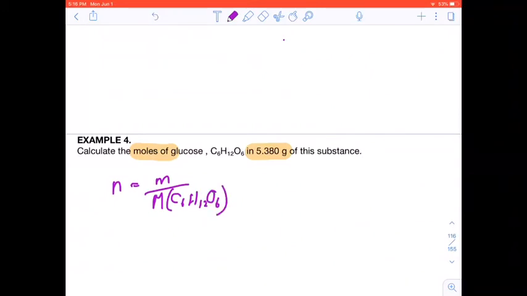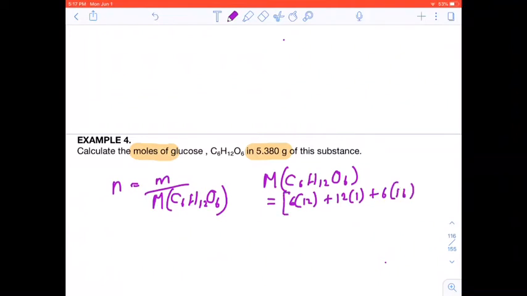What is M of C6H12O6? If we work that out, we have 6 times 12 plus 12 times 1 plus 6 times 16, and we did it earlier. That gave us 180 AMUs, which we then express in grams, so the molar mass is 180 grams per mole.